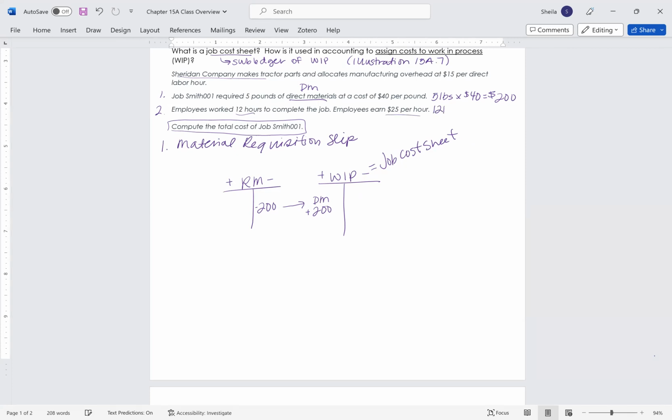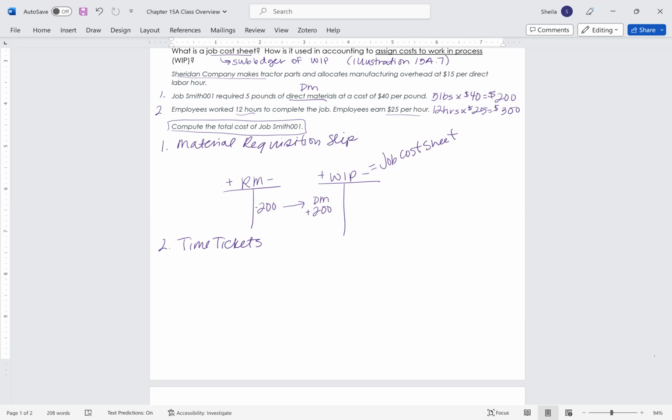So 12 hours times $25 gives us a total cost for direct labor of $300. If any of you have had a part-time job or heard of punching the clock, well, time tickets are what document how many hours employees have been working on particular jobs.